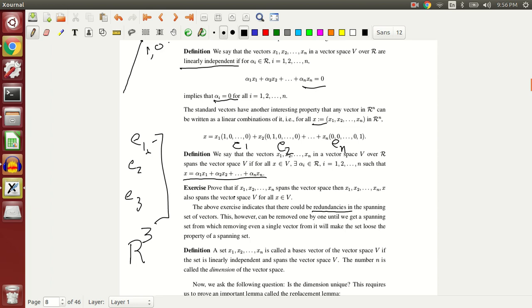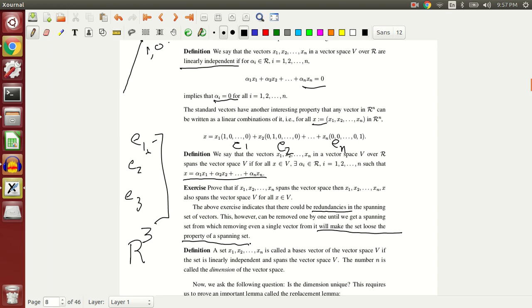So if you have 4 vectors and they span the vector space R3, let's say they're all linearly independent, then if you remove 2, it loses the property, as it is stated here. If you remove 1, it's perfect. It spans the vector space with the minimum number of vectors. The minimum number of vectors required to span the vector space is usually the dimension.